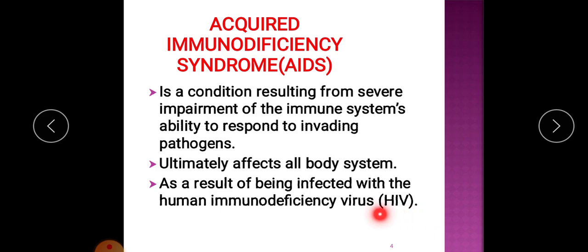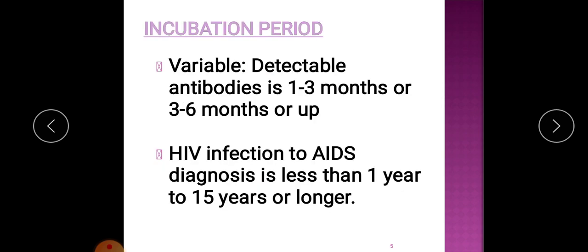Basically, AIDS is the syndrome, or the group of signs and symptoms, that can be present once a person is infected with HIV. It can take about 1 to 15 years to become AIDS once we are infected with HIV.